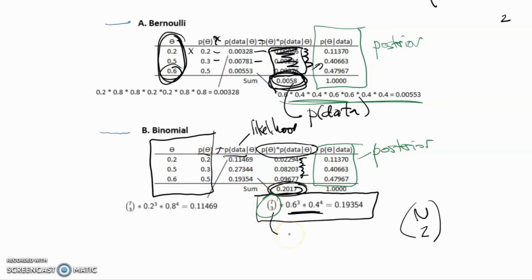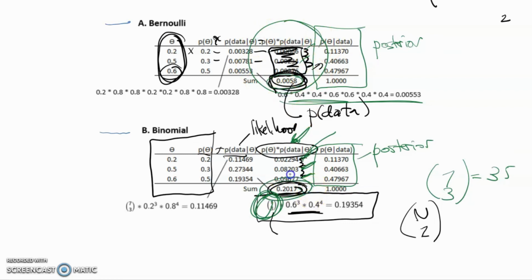So what's happening? What's happening is that if you consider this likelihood function here, each one of these values is multiplied by 7 choose 3. If 7 choose 3 is equal to 35, each one of these individual values down here is going to be 35 times greater than the values here.